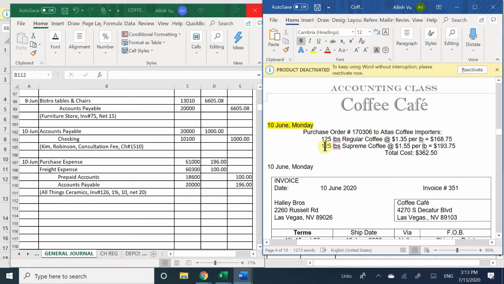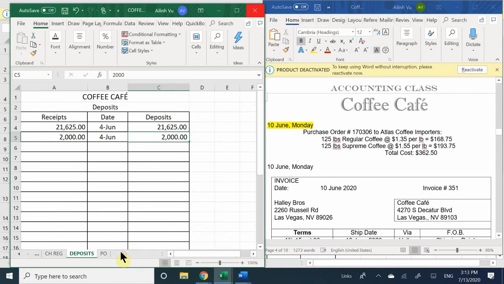Okay, and then we also bought another 125 pounds of Supreme coffee, which is going to cost $1.55 each. Okay, so in grand total, our quote for this is going to be $362.50. So let's go ahead and recognize that purchase order.